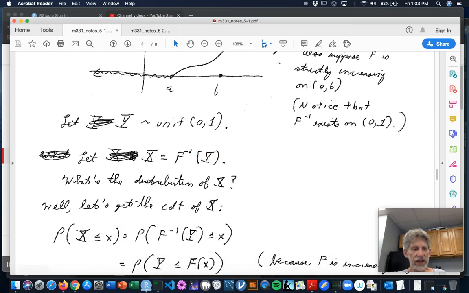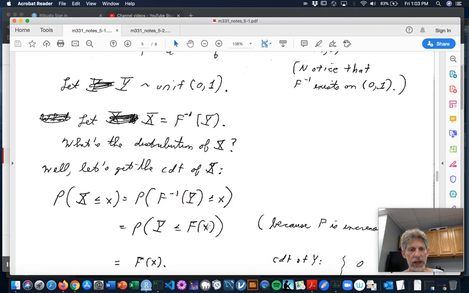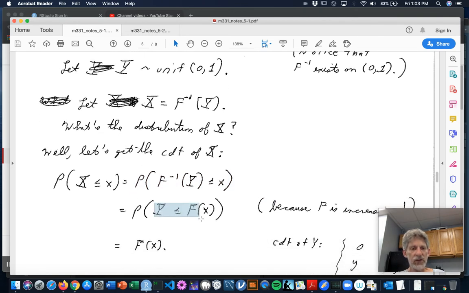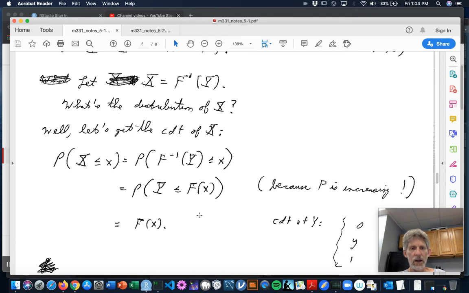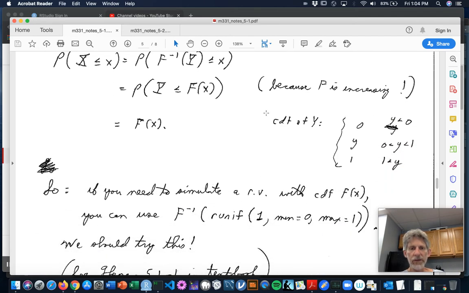So why don't we get its CDF? We want the chance that it's less than or equal to little x, which is the chance that F inverse of capital Y is less than or equal to little x. Back solving, that's the chance that capital Y is less than or equal to F of x. The back solving can be done because of the one-to-oneness. But think about the CDF for capital Y. For little y's between 0 and 1, it's y minus 0 over 1 minus 0.